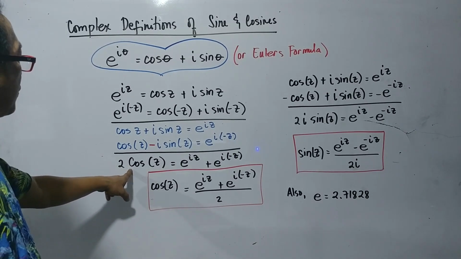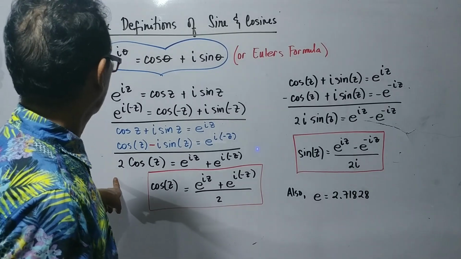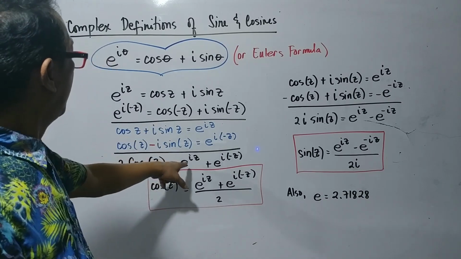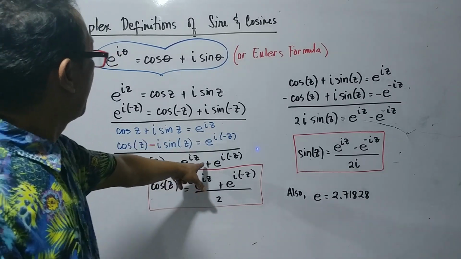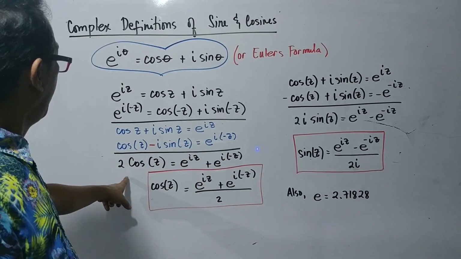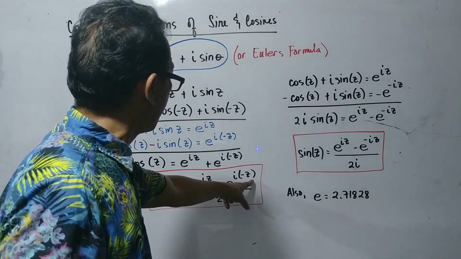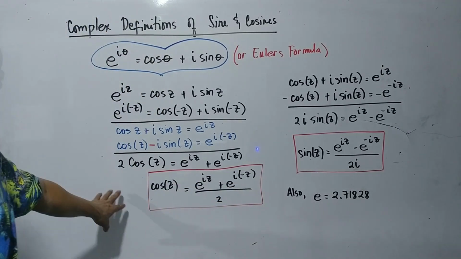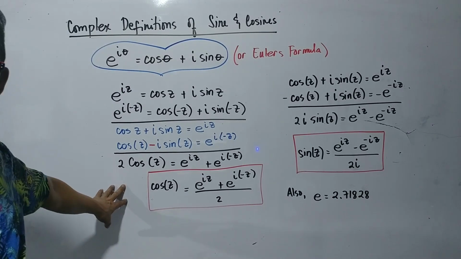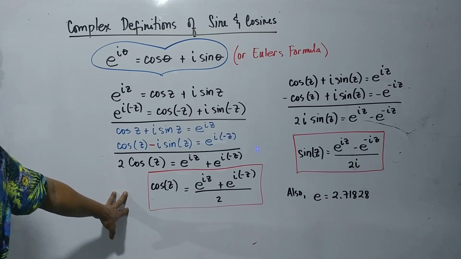So you have now 2 cosine z is equal to, this becomes 0, e to the iz plus e to the negative iz. Or you have now cosine z is equal to e to the iz plus e to the negative iz all over 2. This is now the other formula for the cosine with respect to the e.